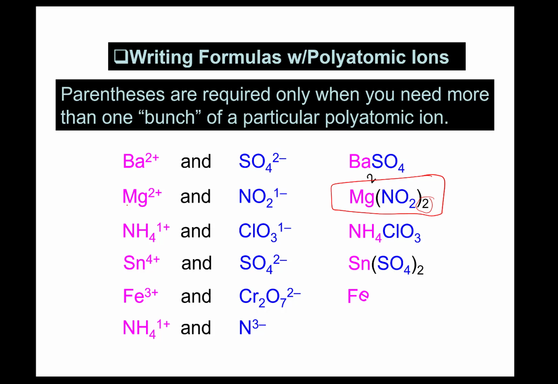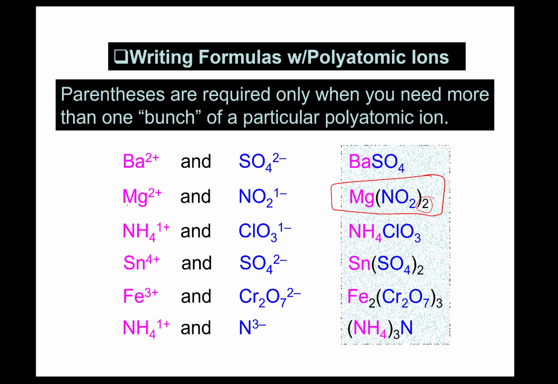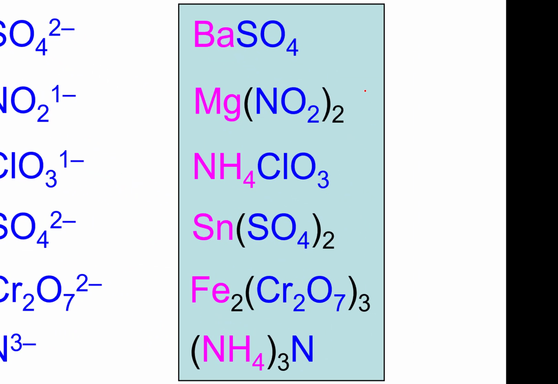We're going to need 2 iron atoms for every 3 dichromates. And then the last one, we're going to need 3 ammonium ions for every 1 nitride ion. So again, you see here that we only use parentheses when there's more than one group of that polyatomic ion.